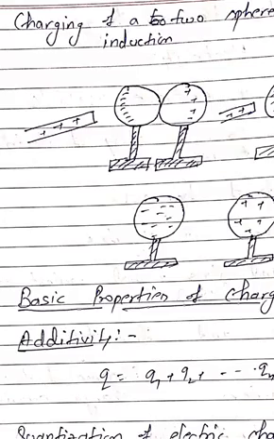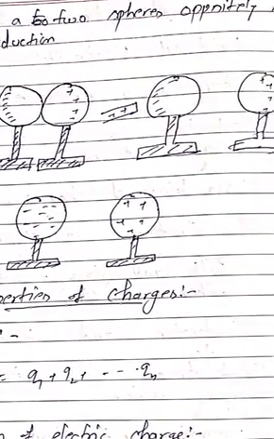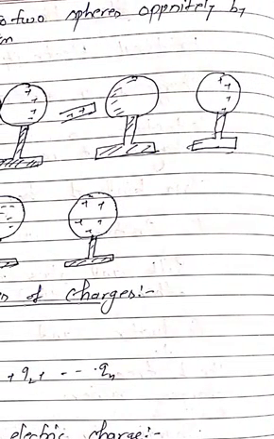Slowly, in the presence of that rod, we will separate the two spheres, so that in the first one there will be only negative charge, and in the later one there will be only positive charge.